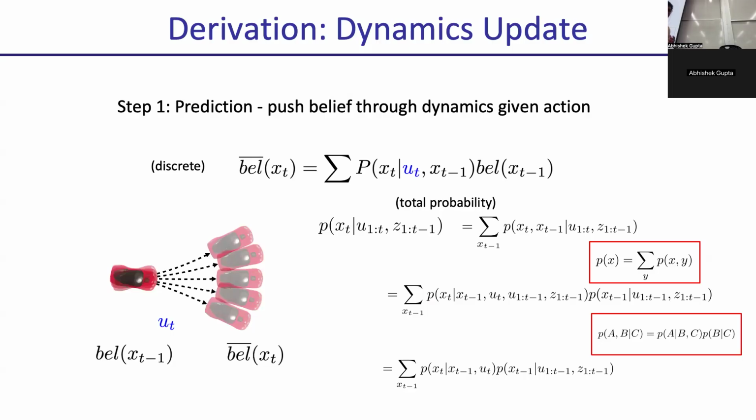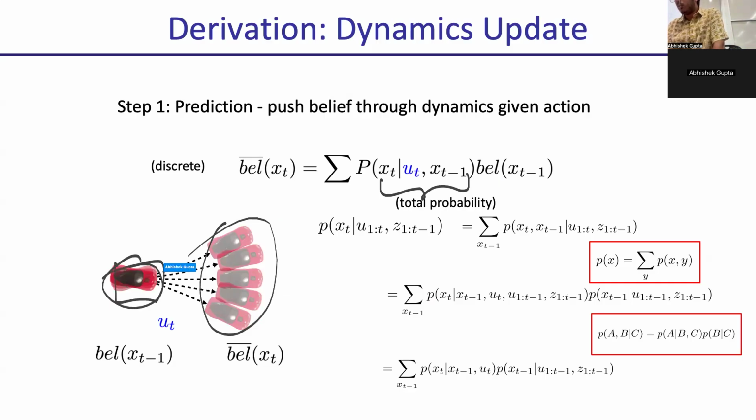The reason you go from a really narrow distribution to a wider one is the uncertainty in my motion model. This is my belief before, and the motion model had some uncertainty, so I didn't land perfectly. So I broaden it, and over time, unless I do the measurement update, the uncertainty will keep growing.